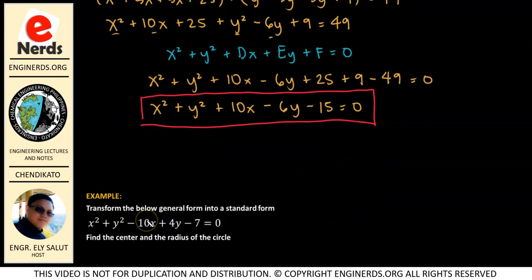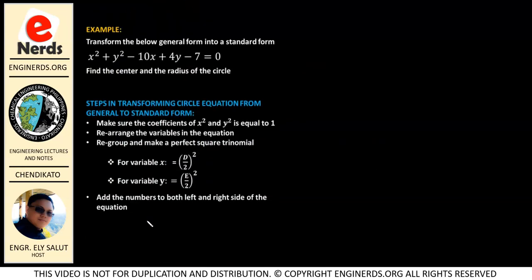So another problem. Now we are going to convert the general form papunta sa standard form. So, pabaliktad naman ng ginagawa natin kanina, no? So, we have the general form here. Iko-convert natin siya sa standard form and then kukunin natin yung center and radius ng ating circle, no?